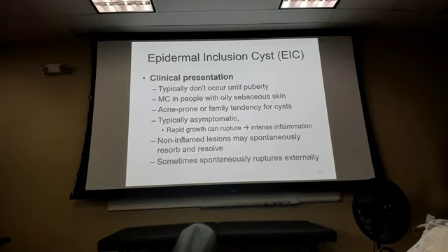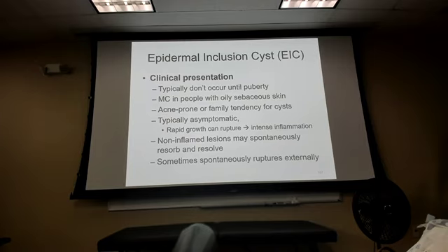Typically asymptomatic, but it can rupture if there's inflammation in and around it, which with EICs we can see some telangiectasis that can be causing some of that inflammation. If it's not inflamed, then lesions may spontaneously resorb and resolve.